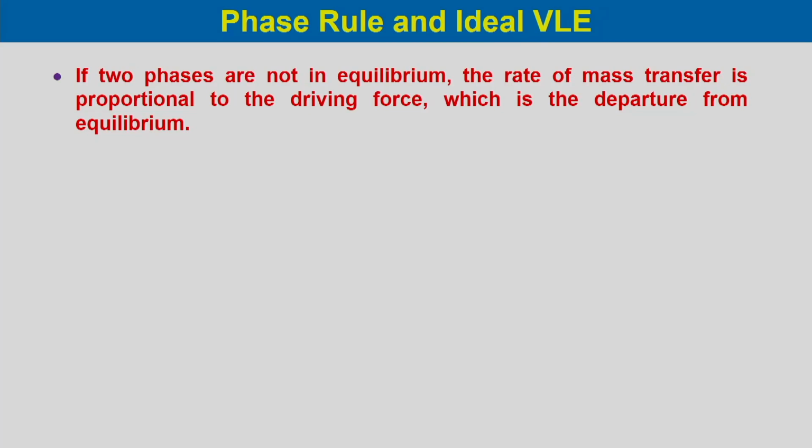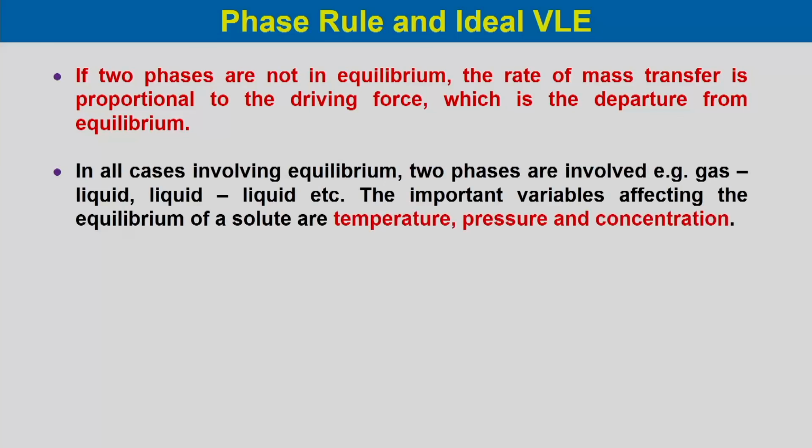If two phases are not in equilibrium, the rate of mass transfer is proportional to the driving force, which is the departure from the equilibrium. In all cases involving equilibrium, two phases are involved, for example gas liquid or liquid liquid and so on.